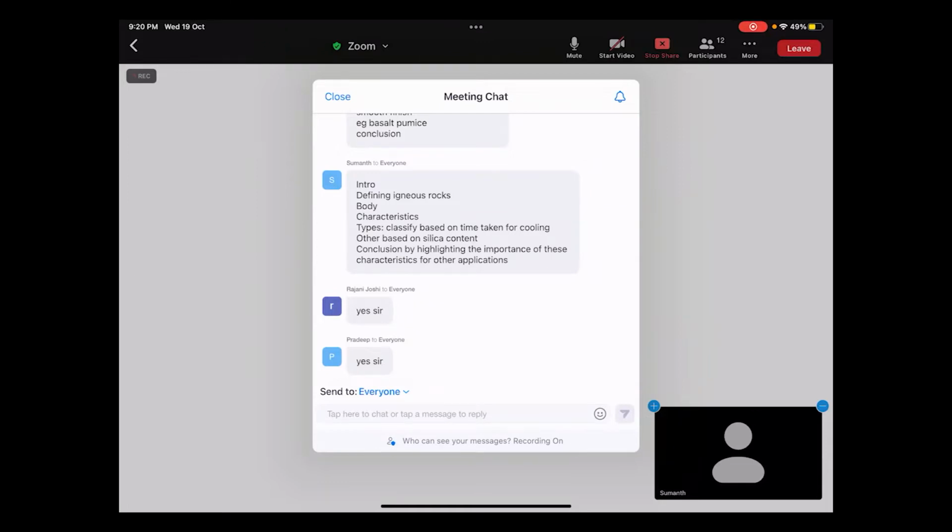So this is also one good classification. You can add this. Based on the silica content, Sumant is saying, high silica content will be acidic and low silica content will be basic.